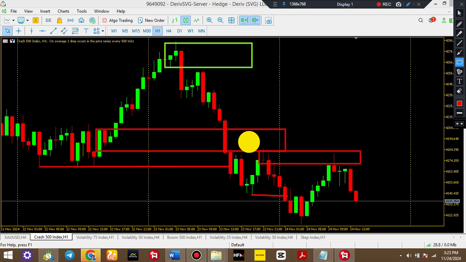So the probability of price respecting this zone now becomes very high, because initially it was a support and now it is going to act as resistance. Initially it was a support zone, a bullish order block zone, but price broke through it, creating a breaker block and also making it a resistance zone. In this case, price didn't just make it a resistance zone, it also created a supply zone or bearish order block.